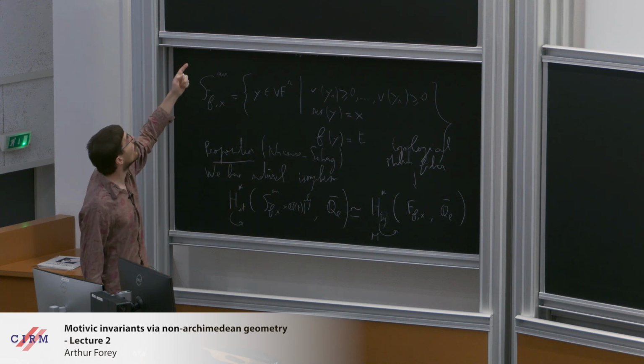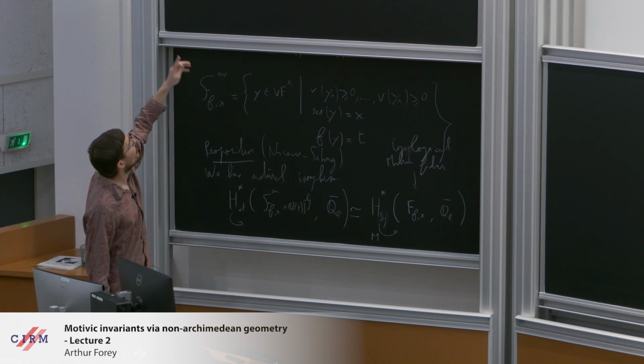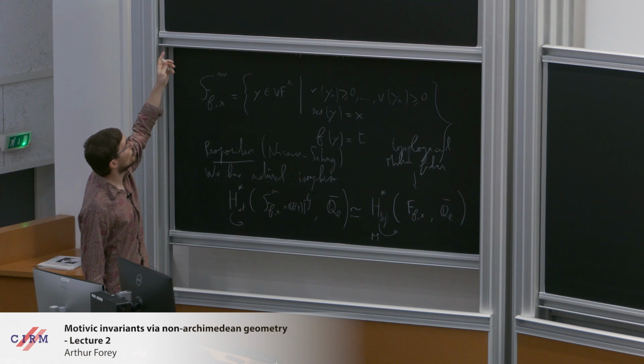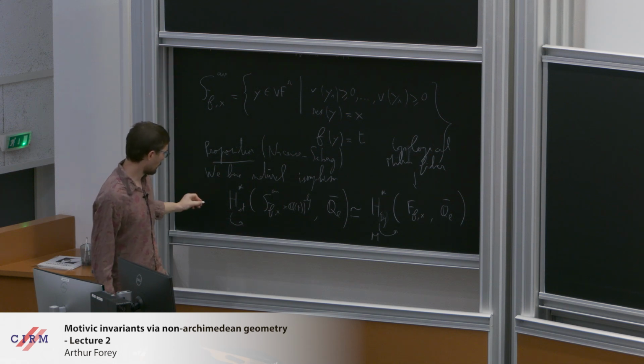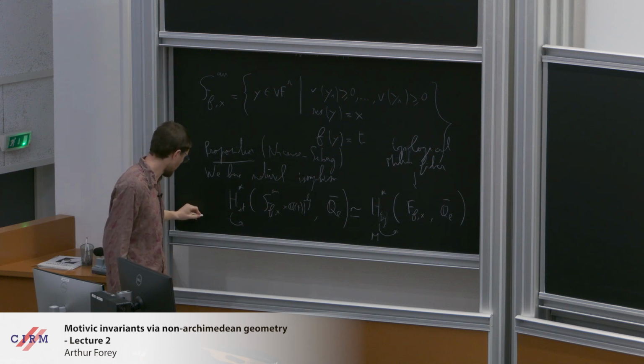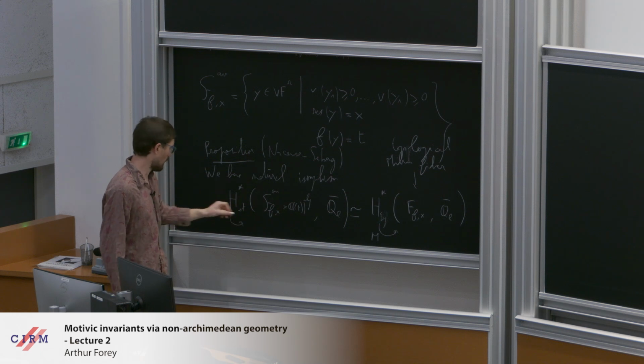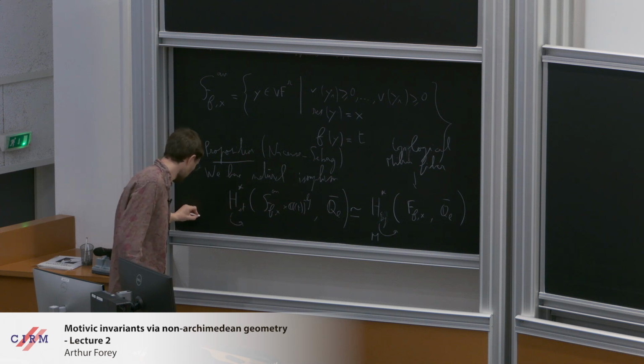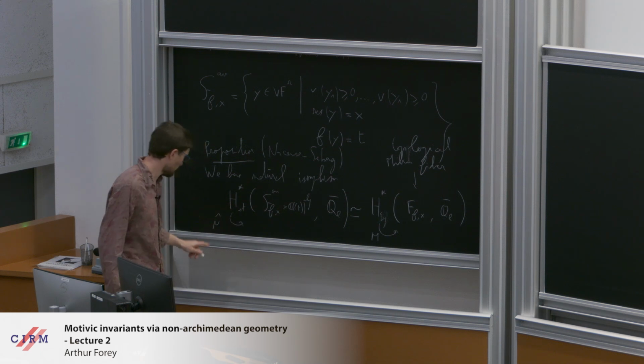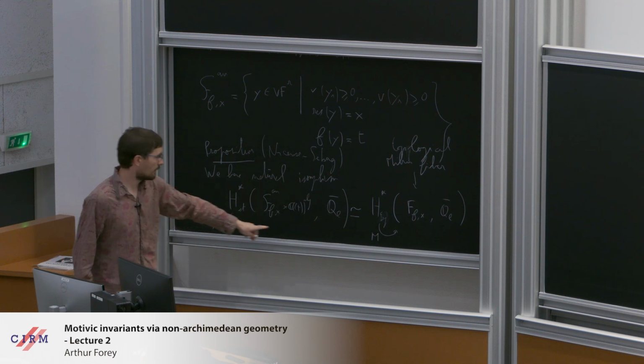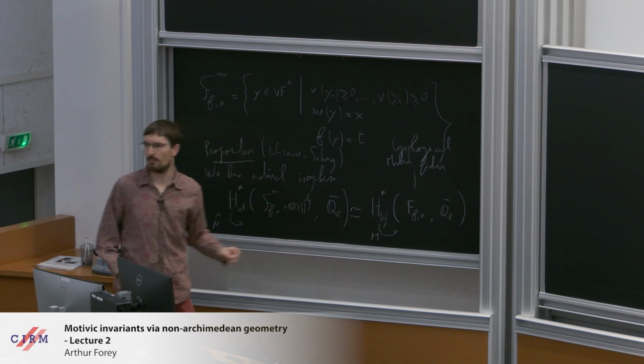The Galois group is mu hat, the limit of all groups mu n, and if you choose a topological generator of this, then the action of mu hat and of the monodromy will be compatible.